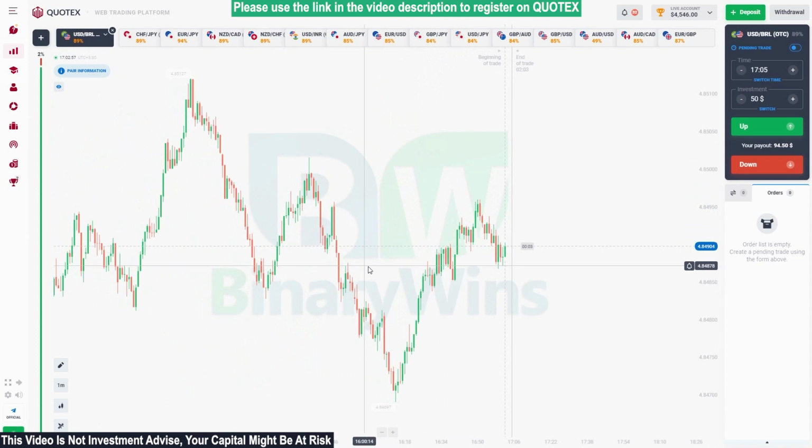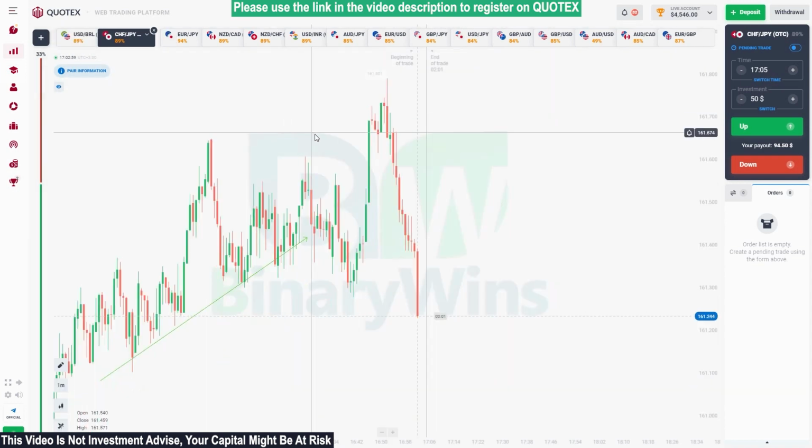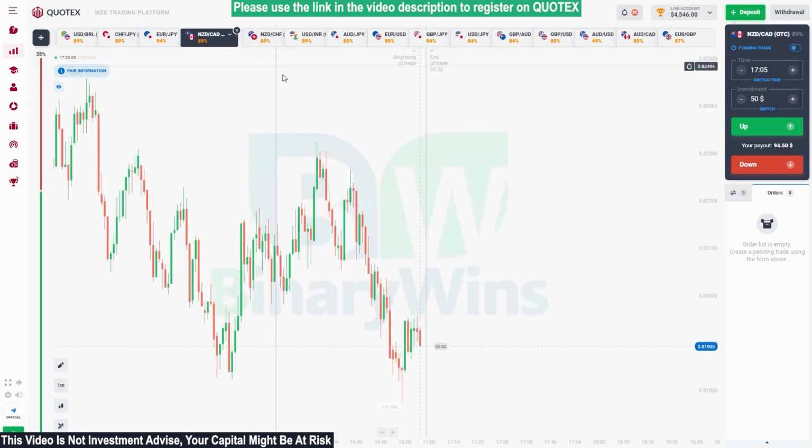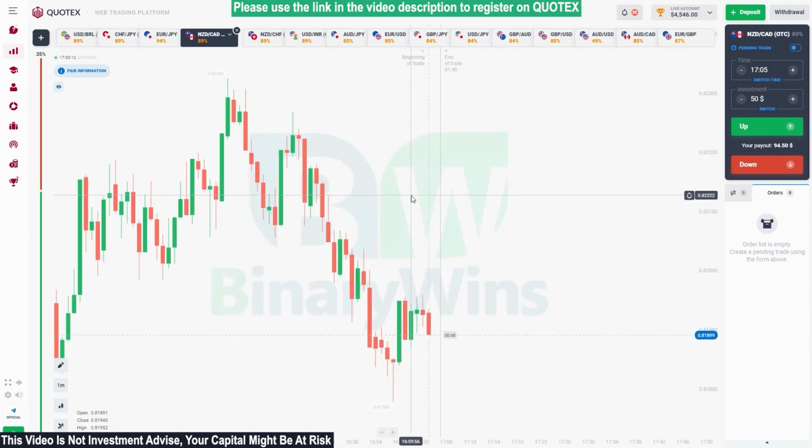We have to trade in the direction of the trend. We have to find the trend, draw the trend line and enter the trade by counting the candles of the same color.